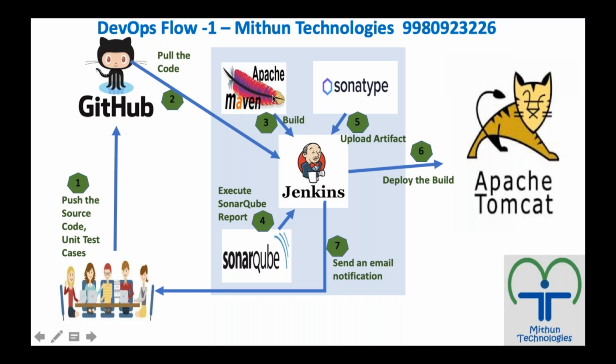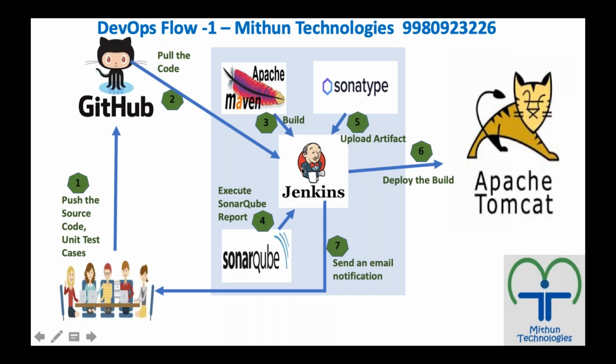We already implemented this for the dev environment, which is still an ongoing development project. The developer is going to push the code, and we have configured every 30 minutes.